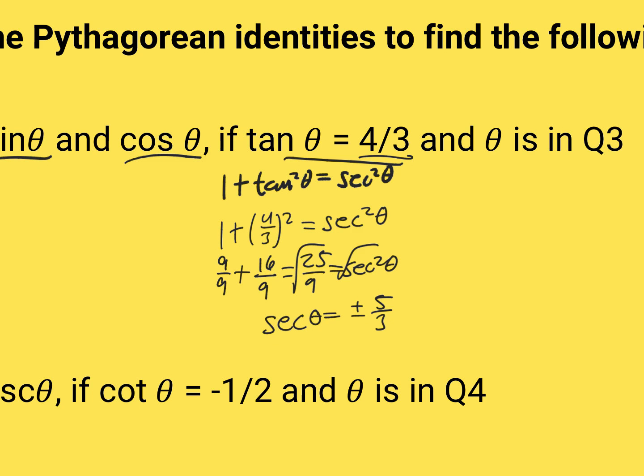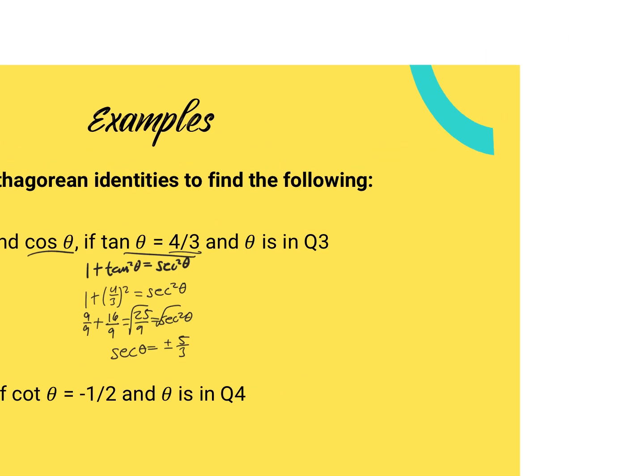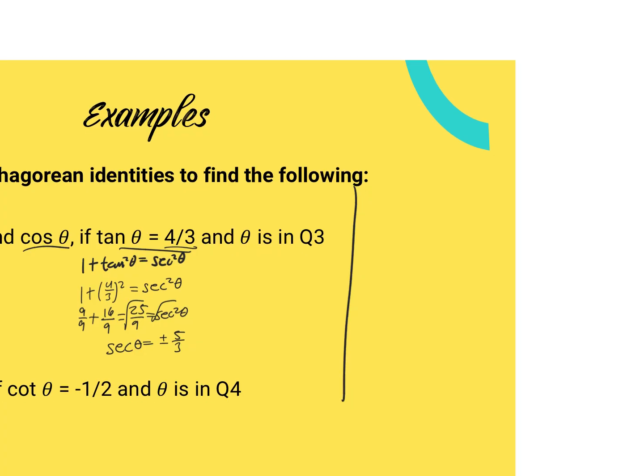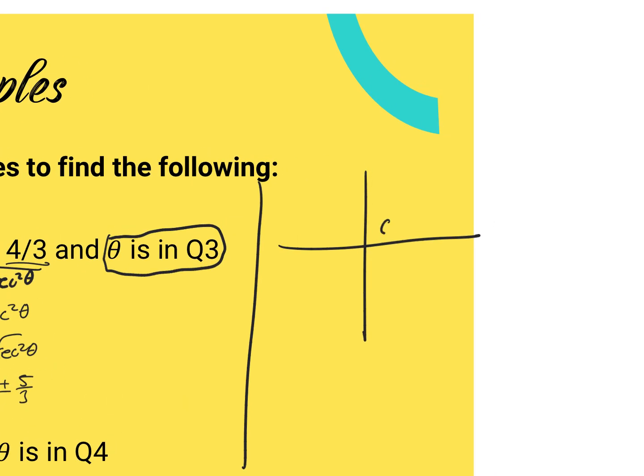Now, how do we determine that? Well, I'll explain that briefly now. In the corner, this isn't part of our actual problem, but I'm just going to explain something real quick. We're given that our angle is in the third quadrant. Let's just draw what that means. In the first quadrant, x and y are both positive.